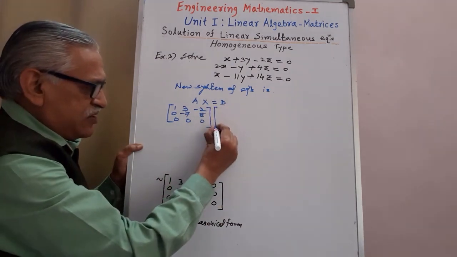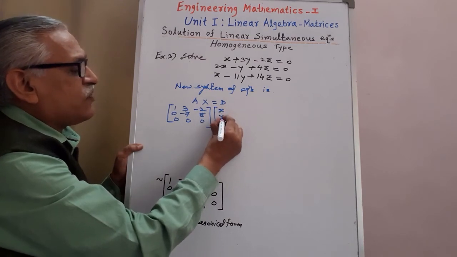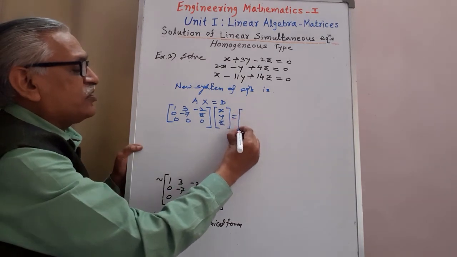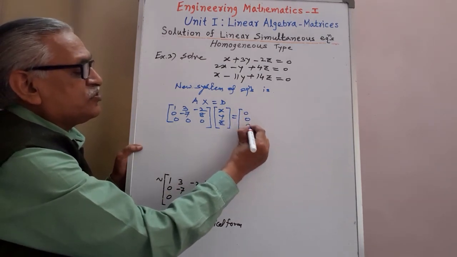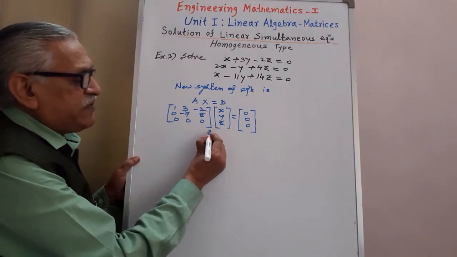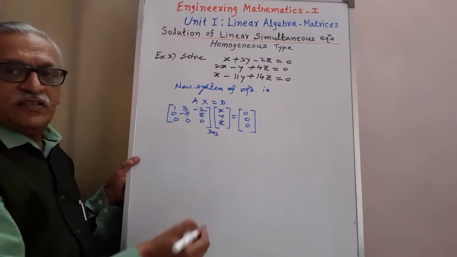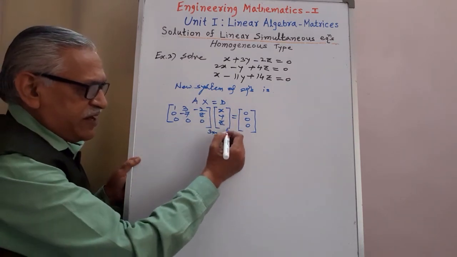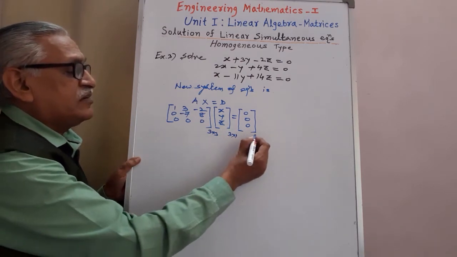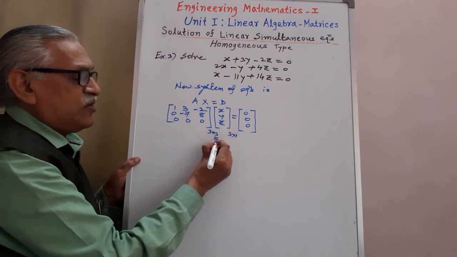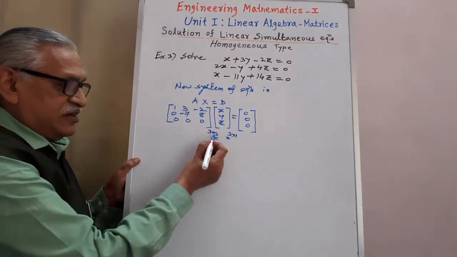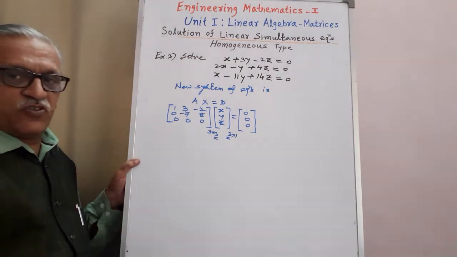It is multiplied by a column matrix of x, y, z and equals the values on the right hand side 0, 0, 0. Here the order of the first matrix is 3 by 3, 3 rows and 3 columns. The order of the second matrix is 3 rows and 1 column. Number of columns of first equals number of rows of second matrix, and that's why matrix multiplication is possible.